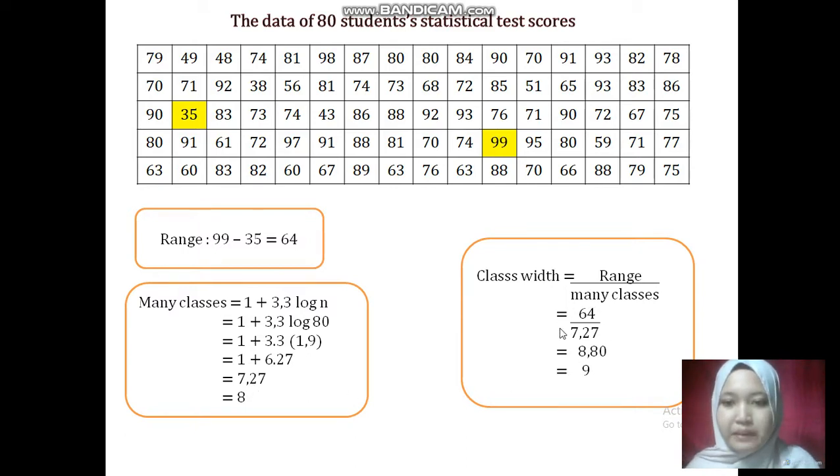So it becomes 64 divided by 7.27 equals 8.80. So again, we need to round it up to the nearest whole number, so it becomes 9. We need to keep in mind that the class width is 9 and the many classes is 8.